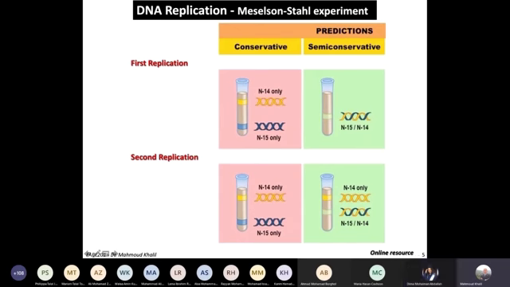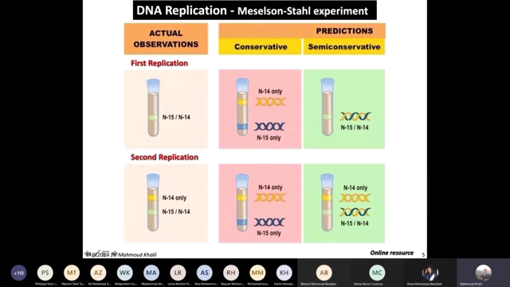So for the second round, theoretically, if it goes by the conservative mechanism, you will still see both forms of DNA in the daughter bacteria. While if it goes with semi-conservative, you will see the same hybrid DNA in some of the population of bacteria, and as well you can see the normal double-stranded DNA. But what about the actual observation?